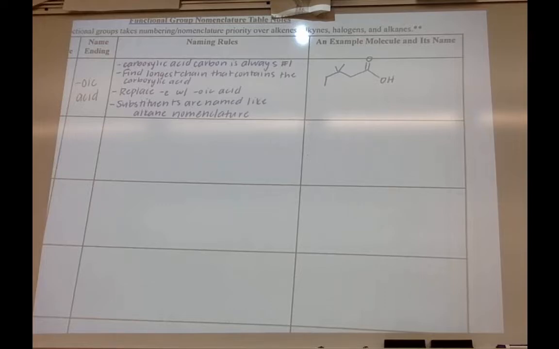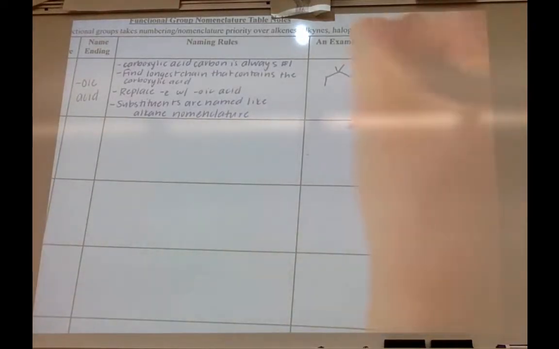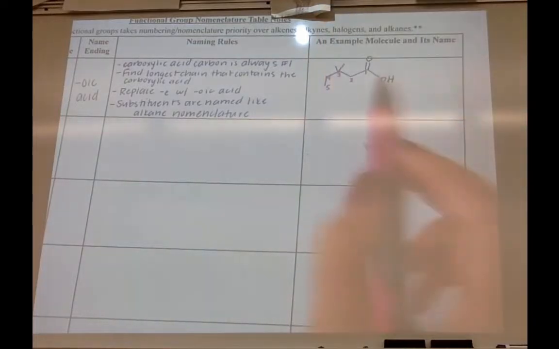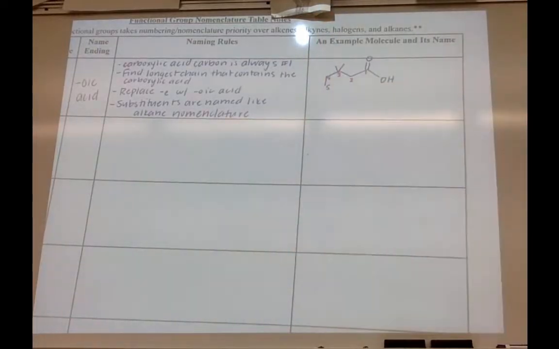So there's an example molecule with numbering. The carboxylic acid carbon is always carbon 1. And then we look for our longest chain. Longest chain would actually turn sideways. 1, 2, 3, 4, 5.